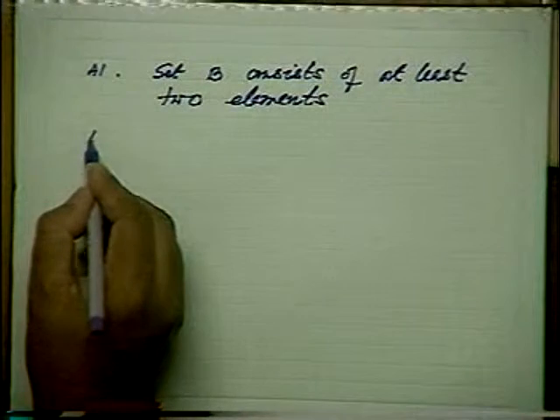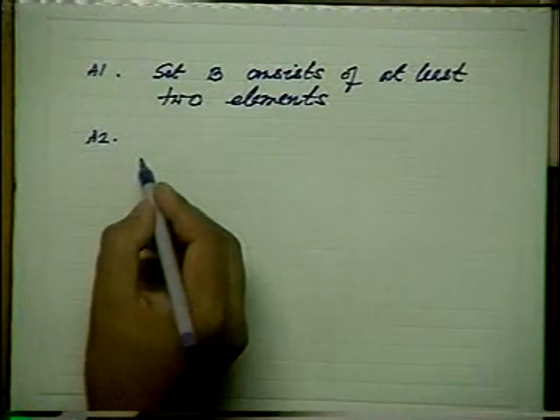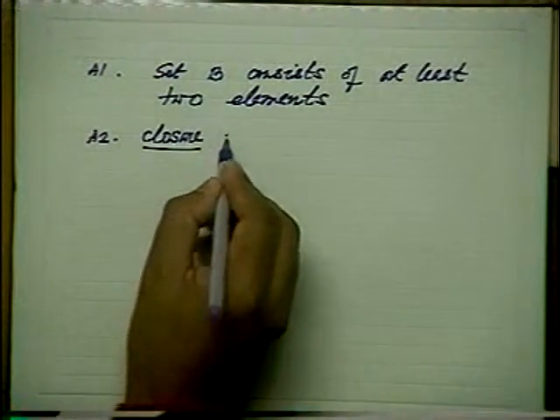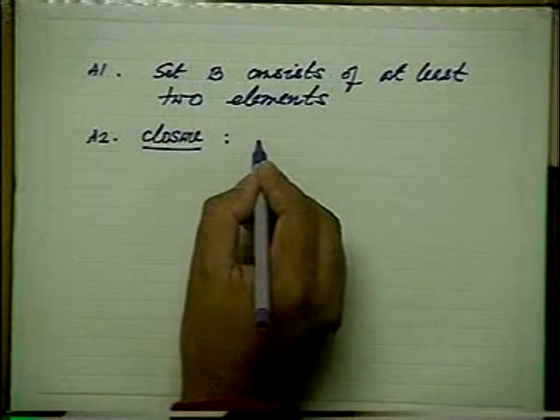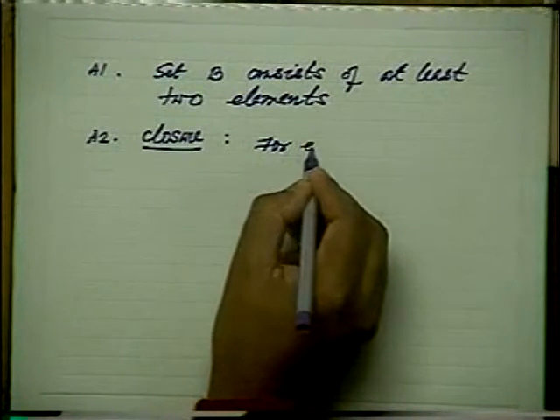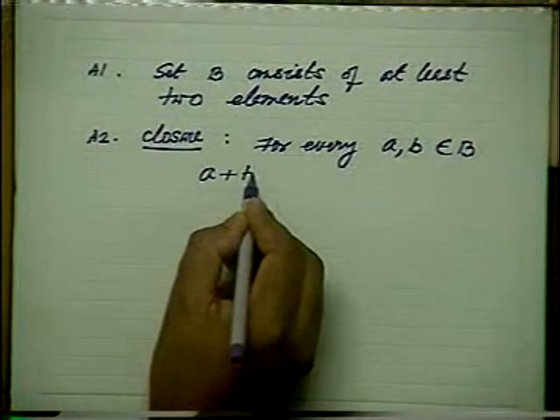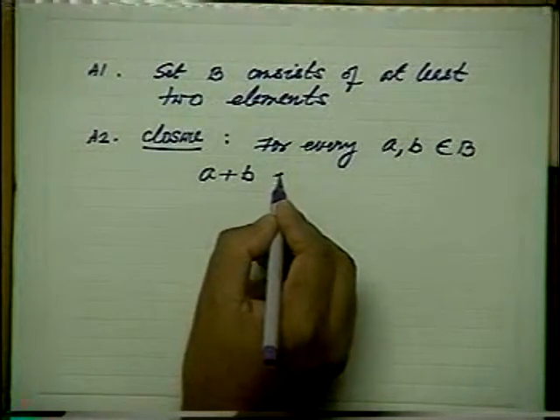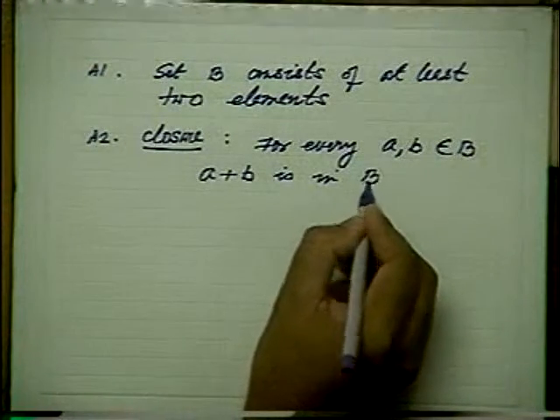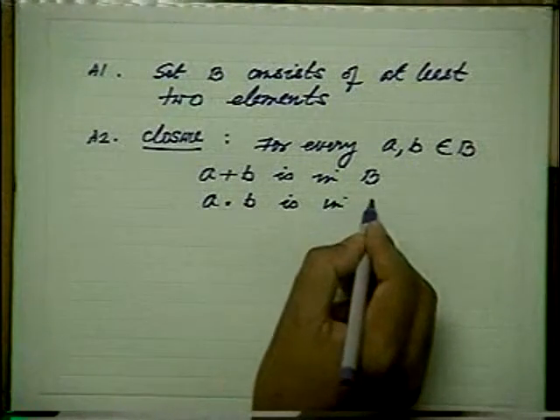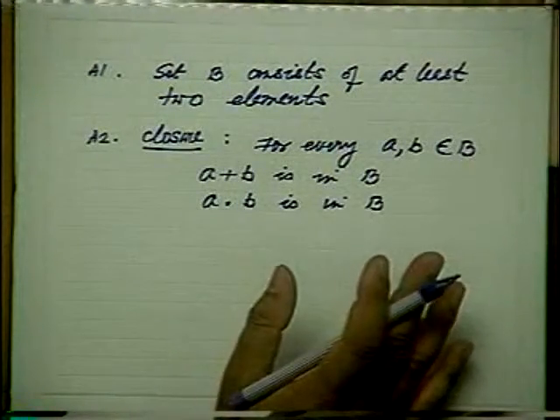Axiom 2 is closure: for every A, B contained in B, A plus B is also in B, and A dot B is also in B.